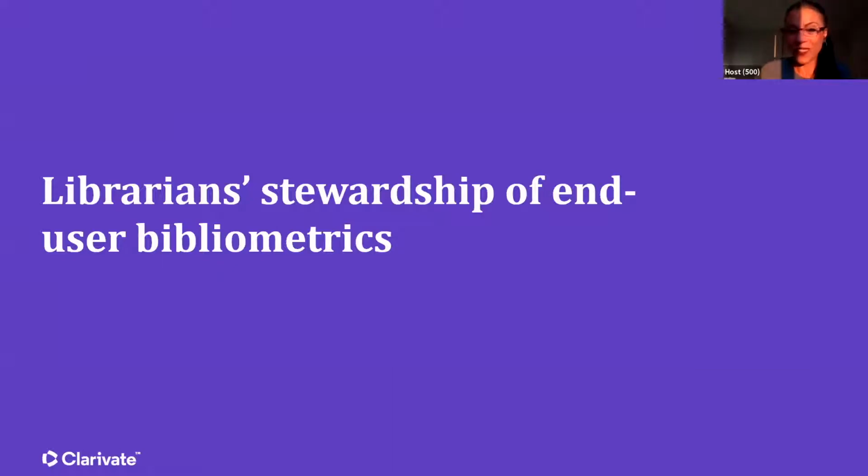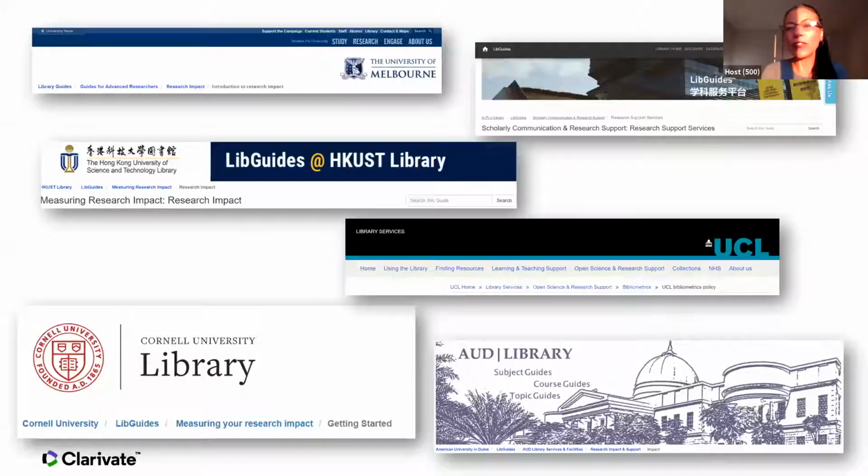So when I looked around the web while I was preparing for this session, I've noticed so many websites out there from all over the world, really, where libraries have dedicated resources and services that deal with research impact, with bibliometrics, with evaluation, and really there's so many universities and research institutions out there that have librarians in the heart of these activities.